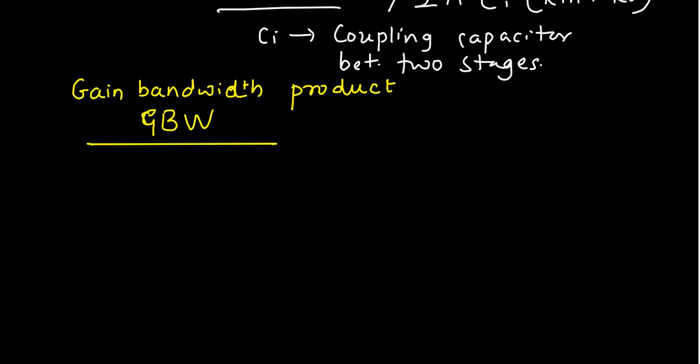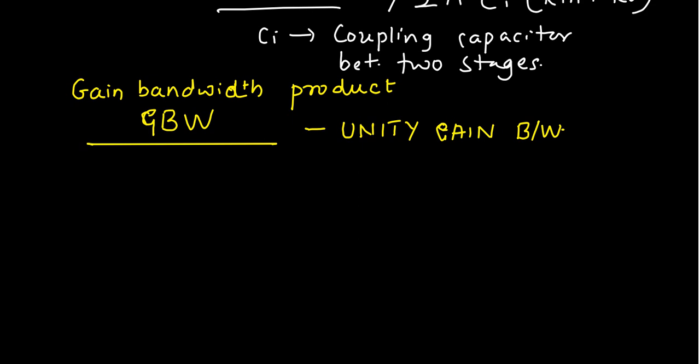Please refer to these words carefully: gain bandwidth product, or the unity gain bandwidth. What exactly is the gain bandwidth product? The very name suggests it is the product of the gain and the frequency at which that particular gain occurs.